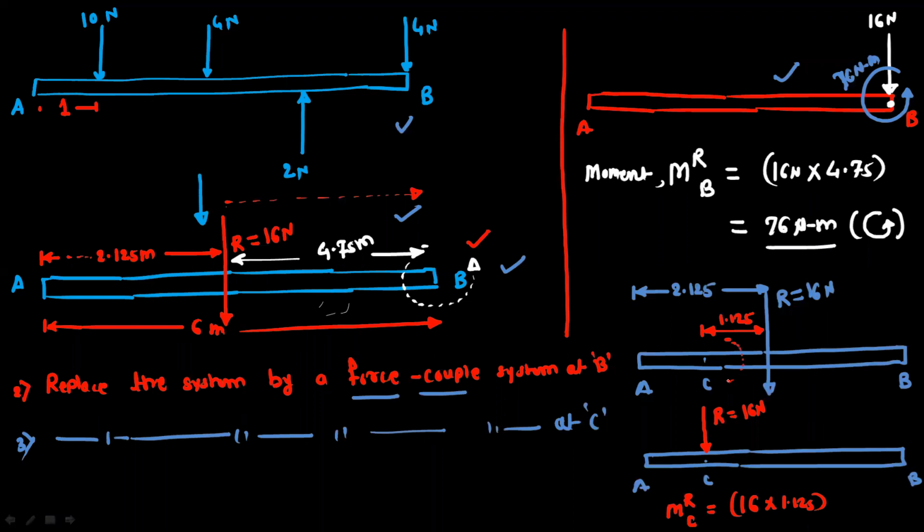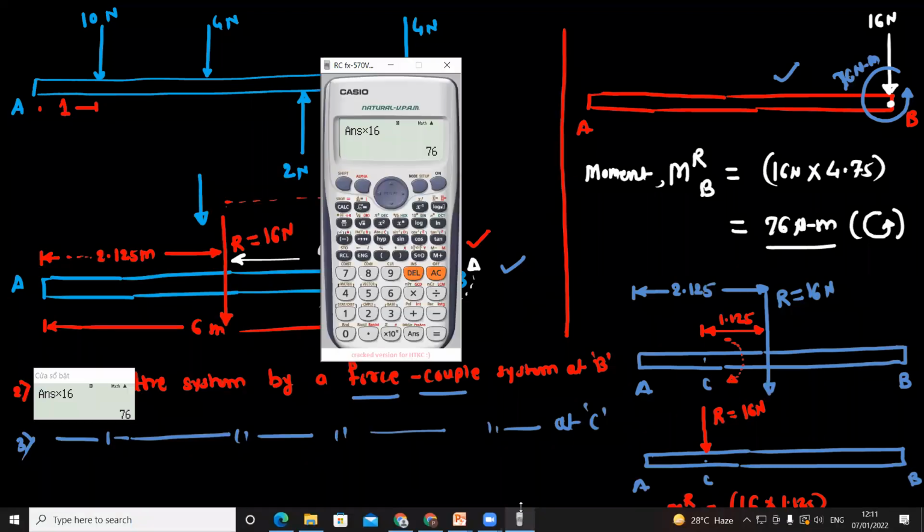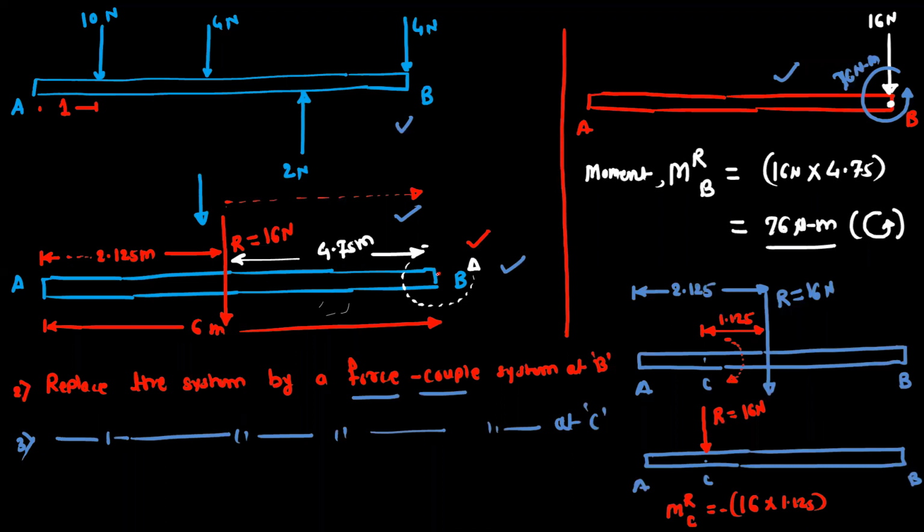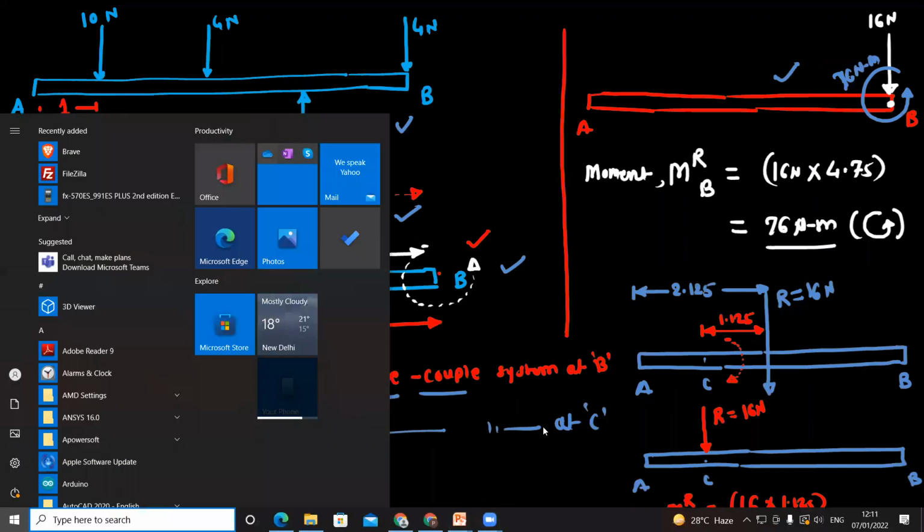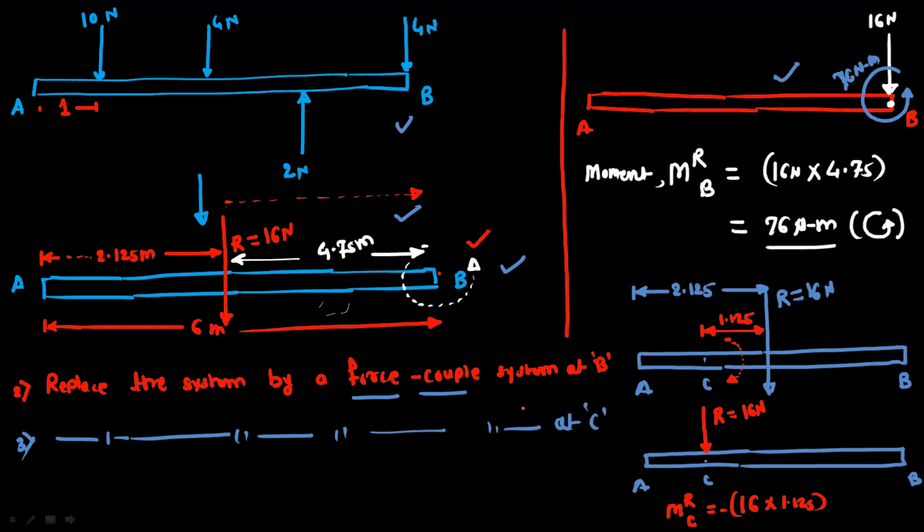So this is the sense of rotation. Okay. So therefore, the sign here will be minus 16 into 1.125. So this answer is minus 18 Newton meter.